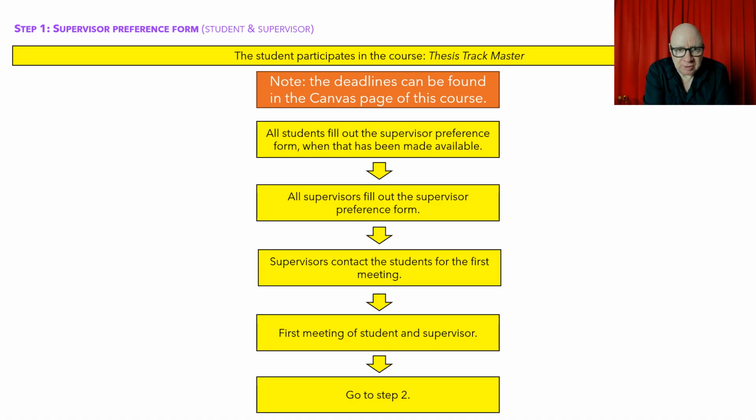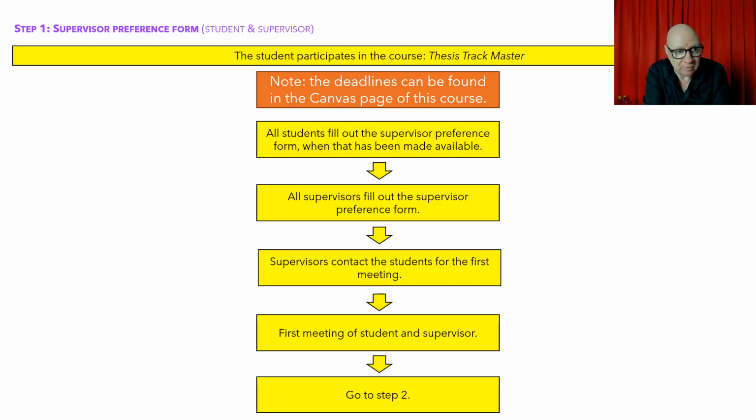The first thing you need to do is to fill out the supervisor preference form when it has been made available. So that will be available on Canvas. What you do there is you fill out your preferred supervisor and a topic. Then you might say, well, I might also want to write on another topic.